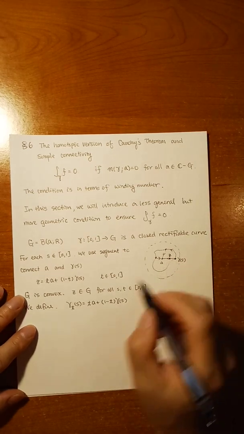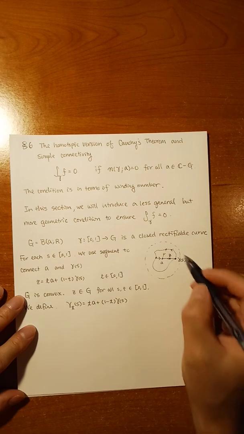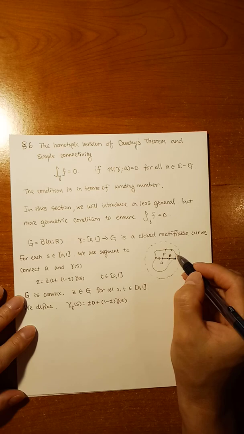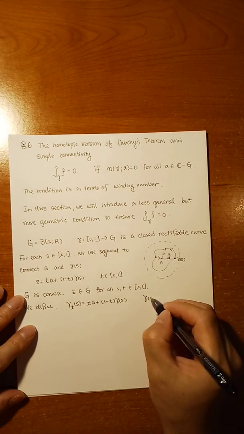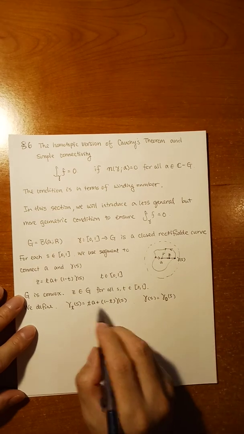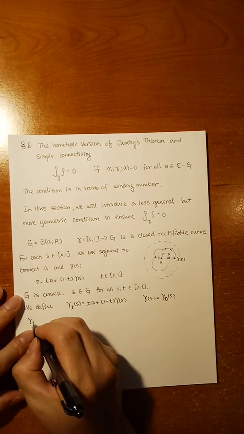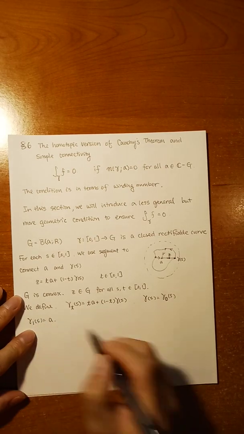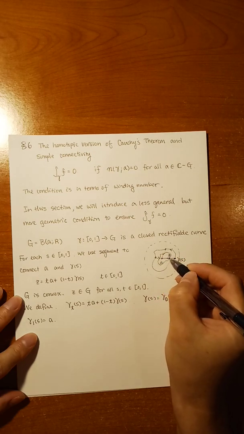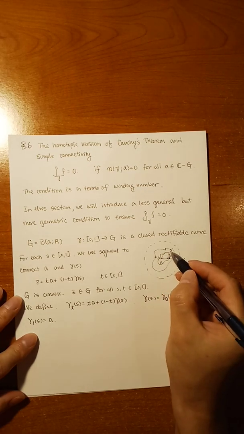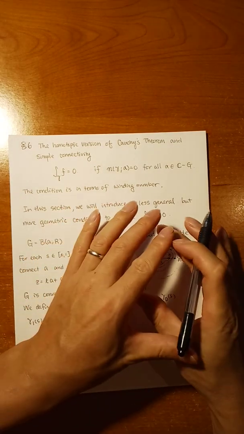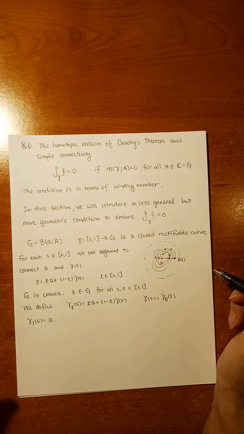For each fixed t, when t equals 0, the original gamma is gamma_0, and you only have gamma s. And gamma_1(s) is constant. So it's like you shrink it a little bit each time, and eventually you will shrink to the point A.